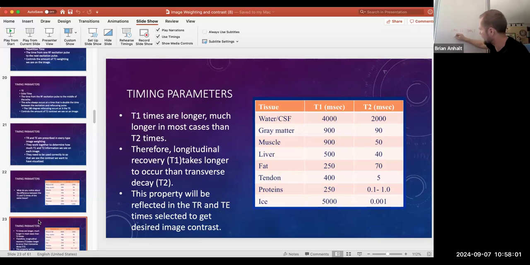A long TE, on the other hand, might be something between 80 and 120, right? So both of them are considered long, but a long TR is much longer than a long TE. This exists because T2 happens much faster than T1.